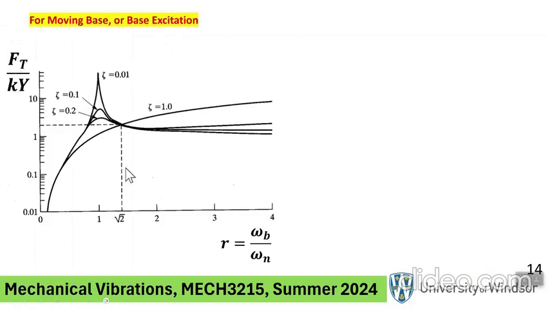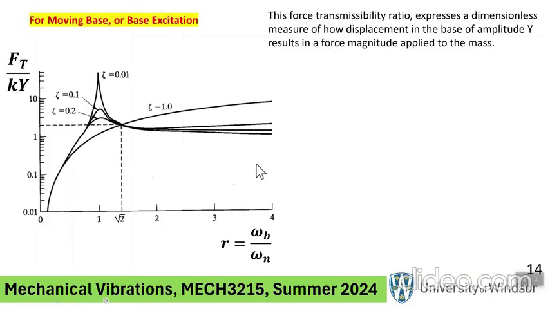Now, it's kind of hard to see what is going on here just by looking at these plots, but let me give you some comments coming from Inman. Well, first of all, the force transmissibility expresses a dimensionless entity. A dimensionless entity refers to a measure of how the displacement of base amplitude, big Y, affects the amplitude of the force transmitted.